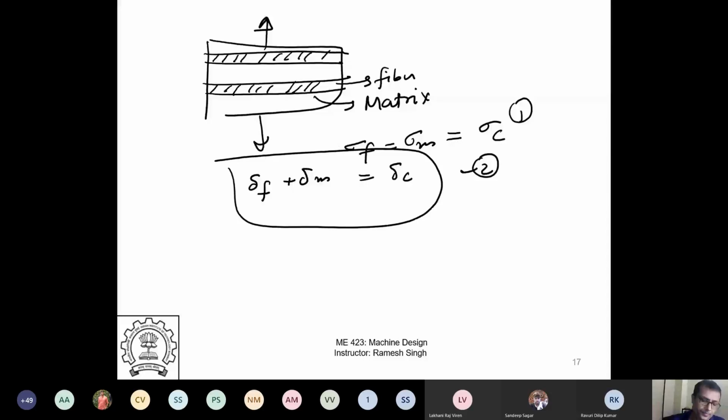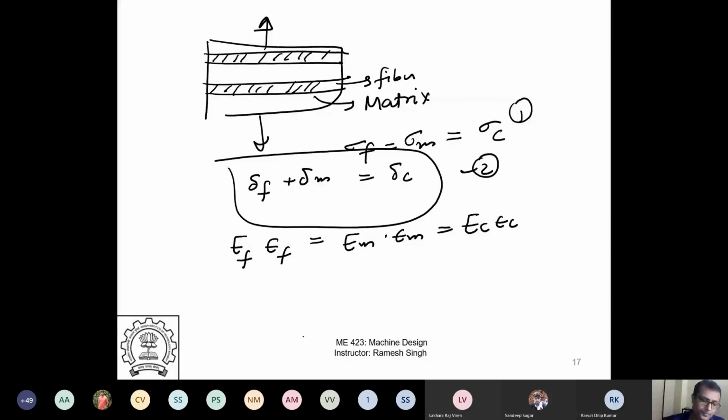Now let's go ahead and derive this. So delta F plus delta M is equal to delta C. And then I also know that sigma M is E epsilon M, so EM epsilon M is equal to EC epsilon C, and EF epsilon F is equal to EC epsilon C. This comes from this equation right here.